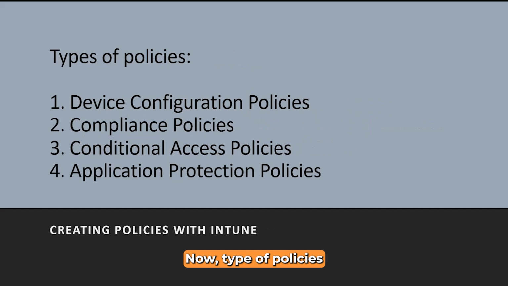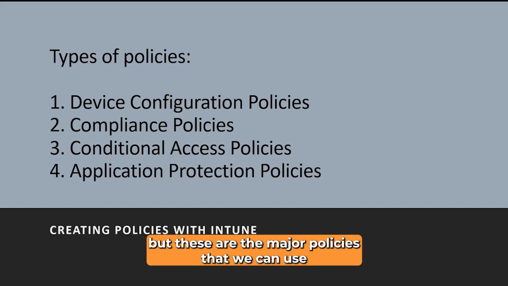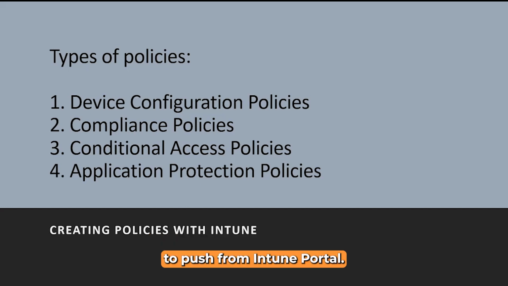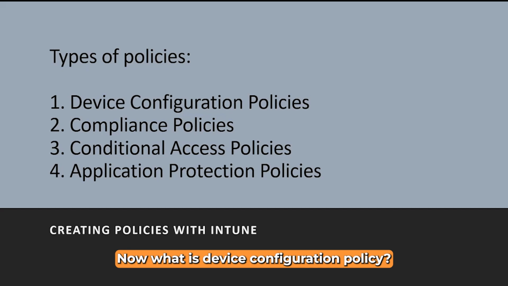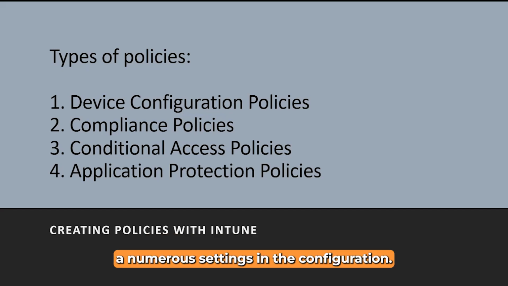Now, the types of policies which we can push from Intune. These are not all the policies, but these are the major policies that we can push from the Intune portal. First is device configuration policy. What is device configuration policy? Device configuration has numerous settings.